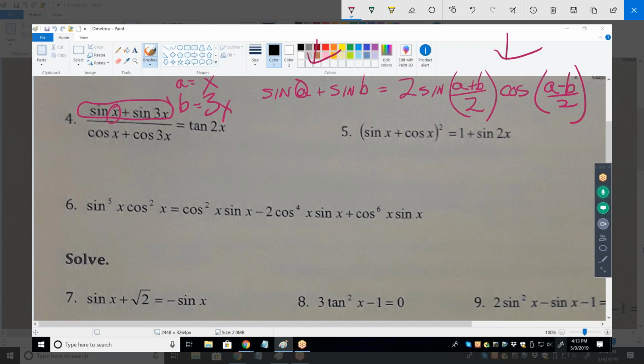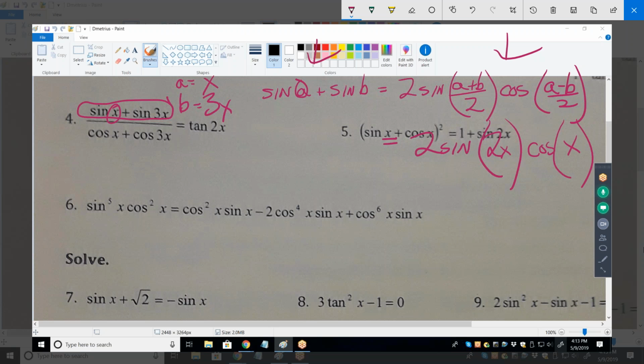So, if I substitute in over here, I get 2 sine of (x plus 3x), that's 4x, divided by 2, so that becomes 2x. Cosine, well, that's 2x over 2, which becomes x. So that's what the numerator is equal to.